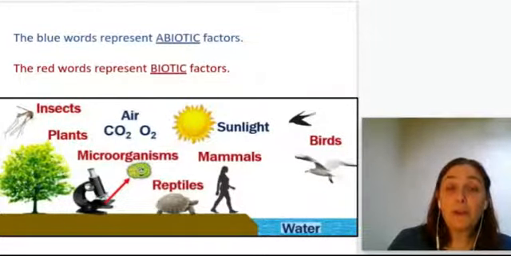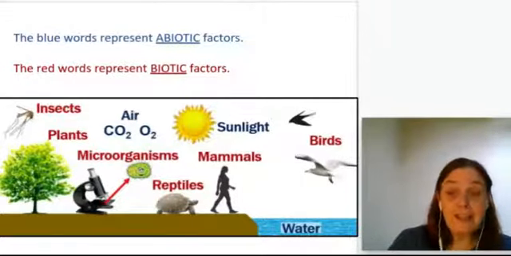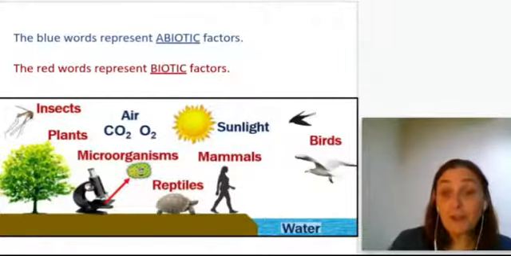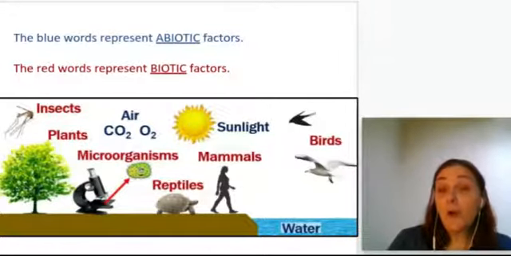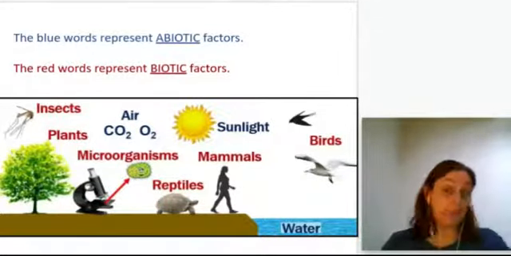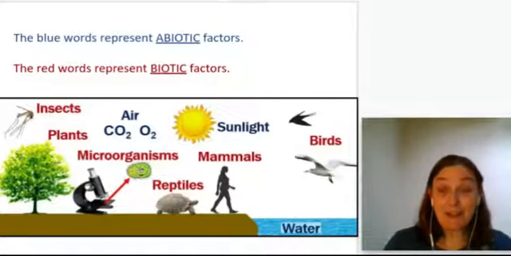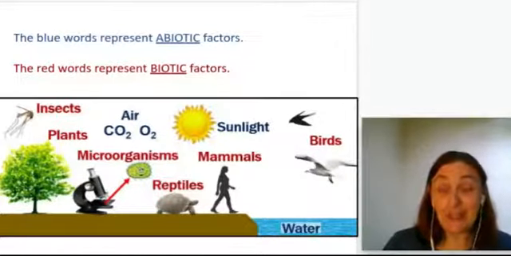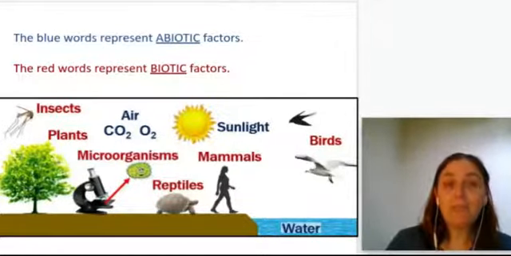And so the air that we breathe that has carbon dioxide and oxygen in it, the sunlight that comes down and helps us produce vitamin D in our cells, or helps a plant produce sugar that then we eat and break down by respiration and release carbon dioxide from, those are the abiotic factors.